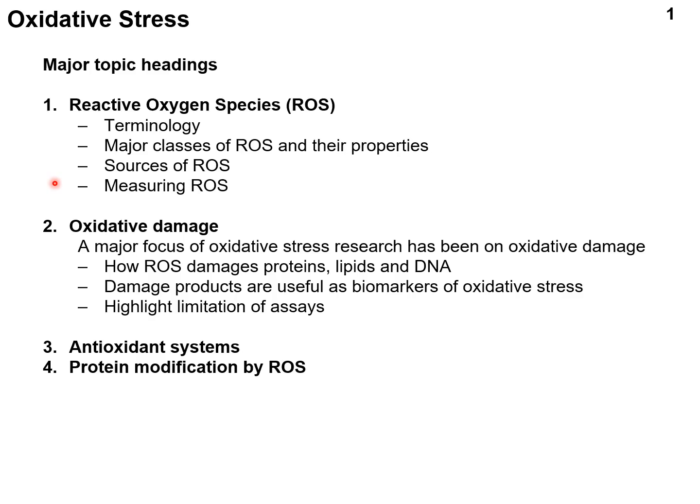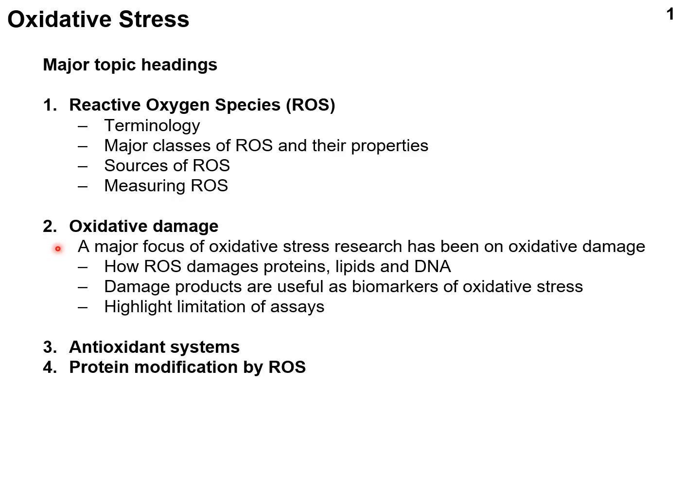species. What I would like to do in this particular lecture is talk about one of the major ways in which reactive oxygen species can affect cell function, and that is via oxidative damage. And this has certainly been a very central focus of reactive oxygen species and oxidative stress research in general over the last several decades.